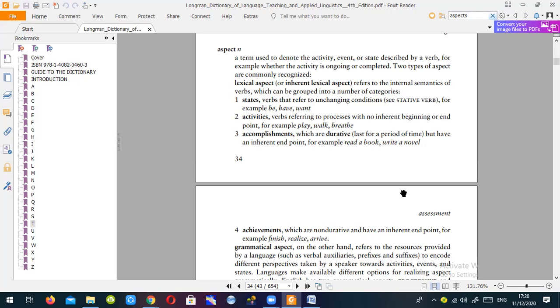It shows the state of things. It shows activities, ongoing or completed, or a simple state. Commonly, aspect identifies whether the action is ongoing or completed, right? That concept is enough. Let's not discuss all the things.